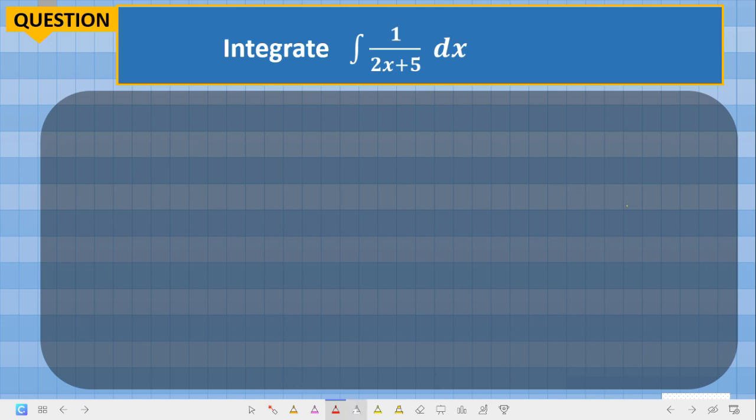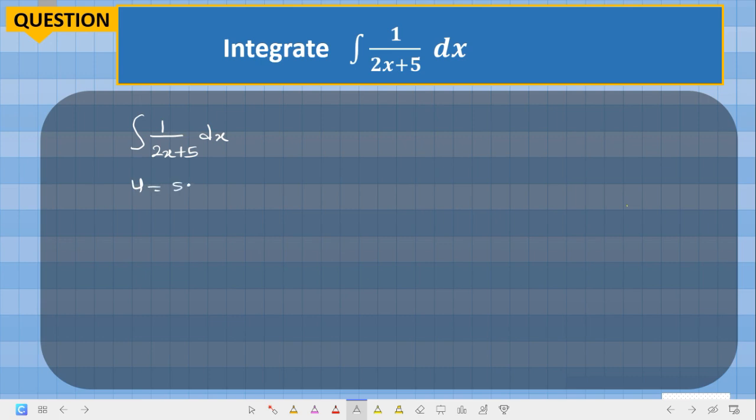Question 1 says integrate 1 over 2x plus 5 dx. Now you are given to integrate 1 over 2x plus 5 dx. How do you integrate this? You integrate this by substitution.